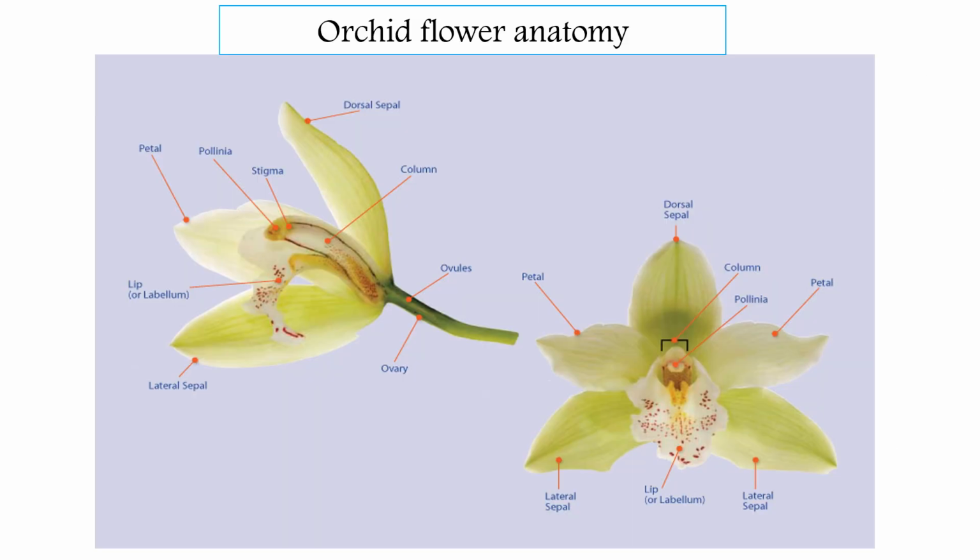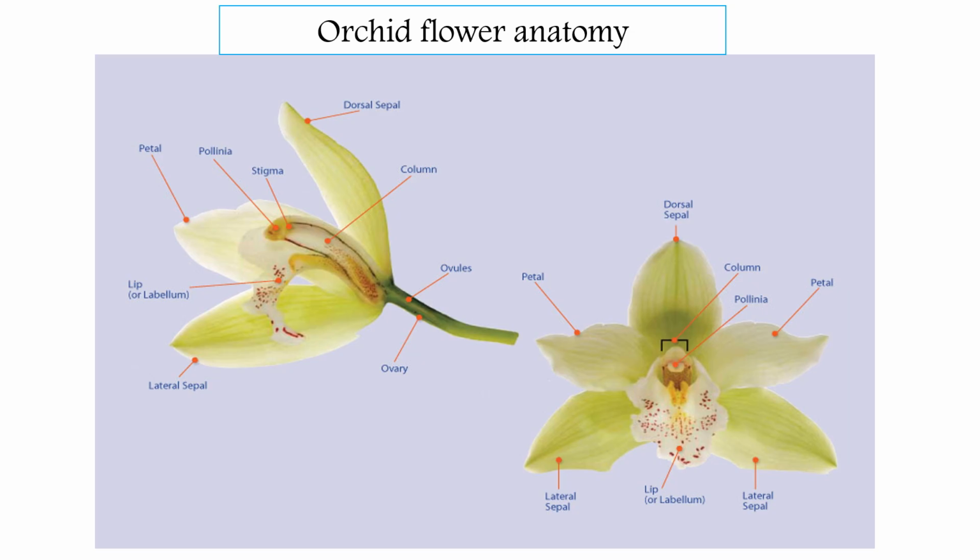Then comes orchid flower anatomy, how it is significantly different from other flowering plants. As I have told, it is bilaterally symmetrical. The upper one is the dorsal sepal and the lateral ones are the lateral sepals, so one dorsal and two lateral. Then there are two normal petals.